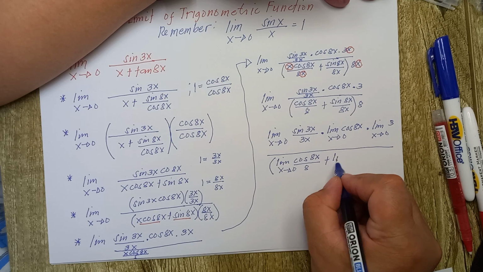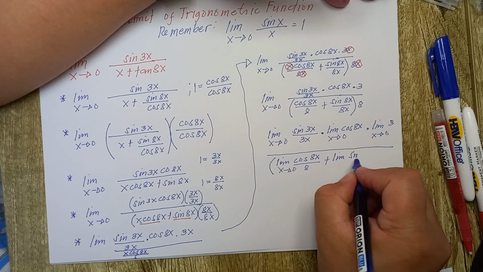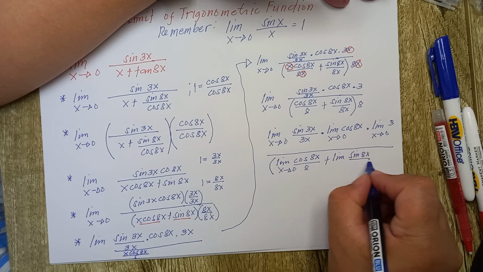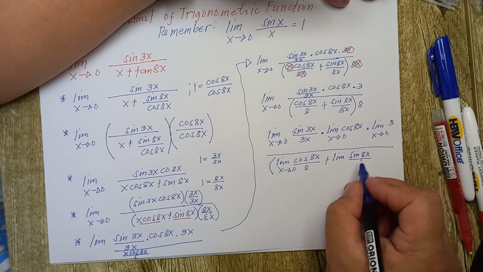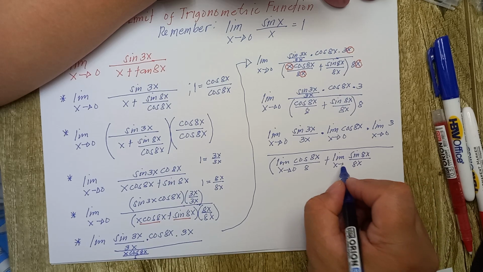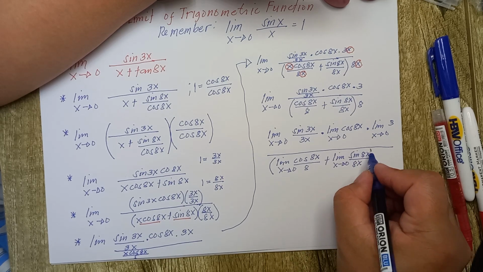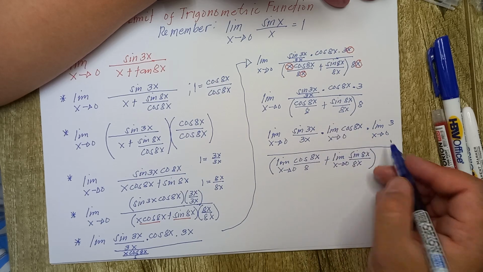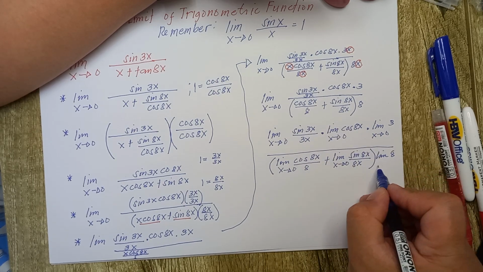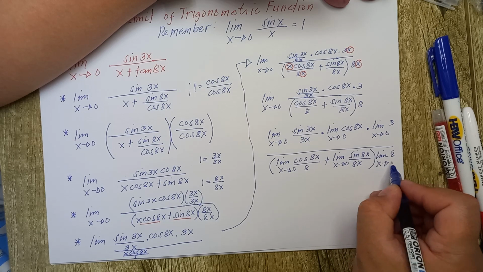That is the limit of sine 8x over 8x as x is approaching 0. That is multiplication. And multiplied by the limit of 8 as x is approaching 0.